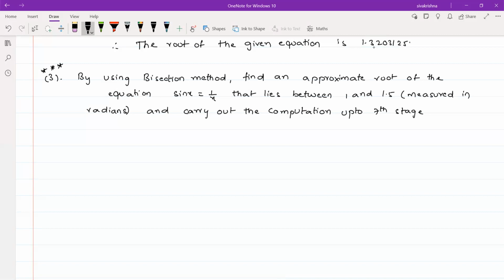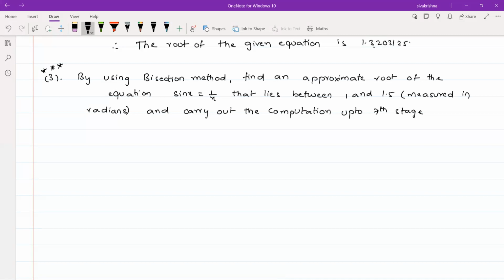We can also find a solution for non-algebraic equations.